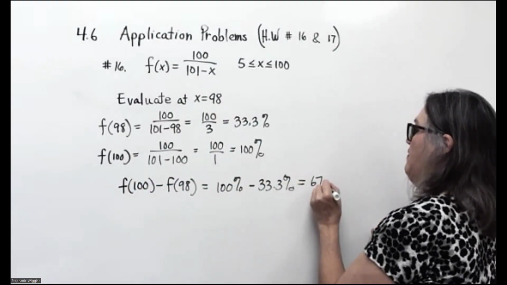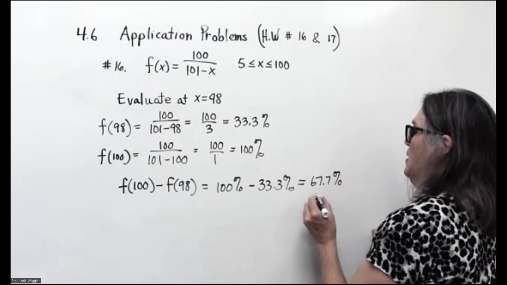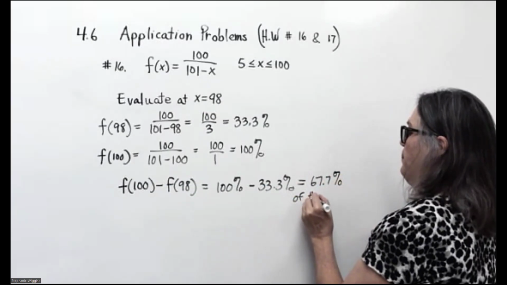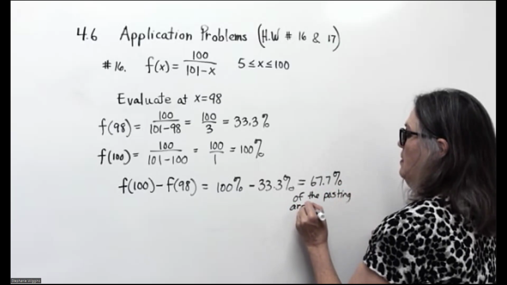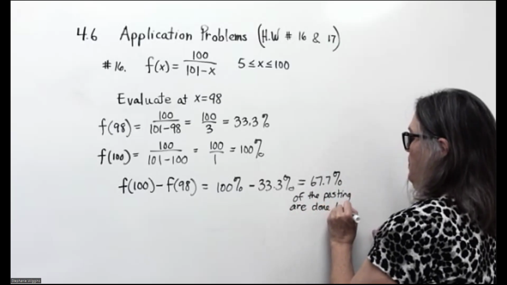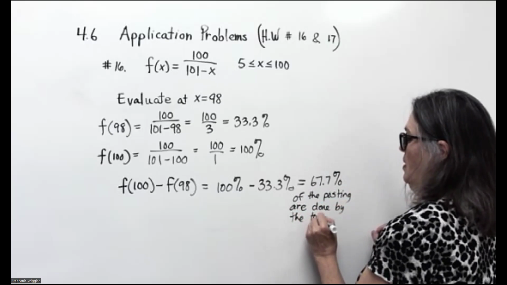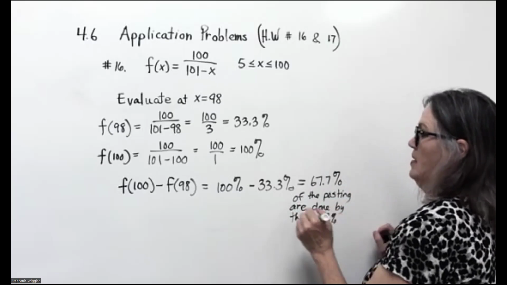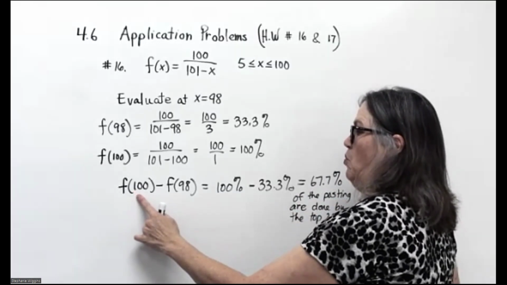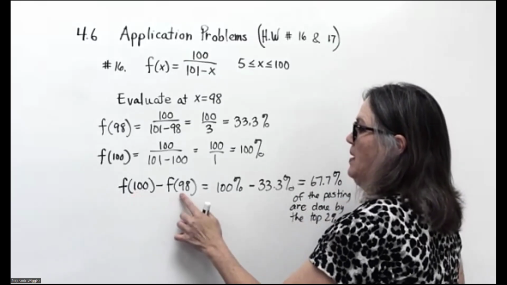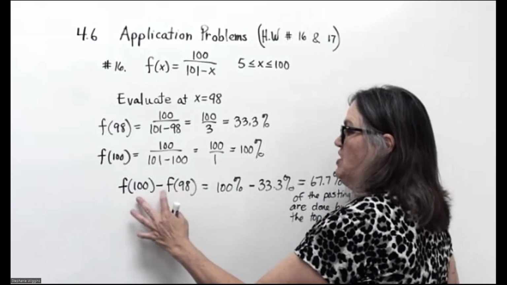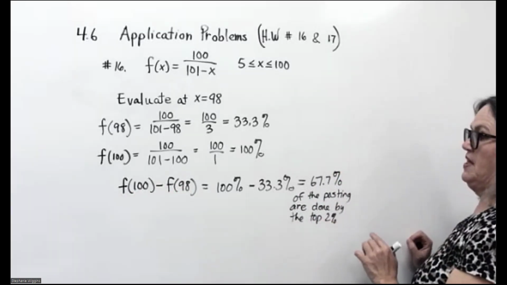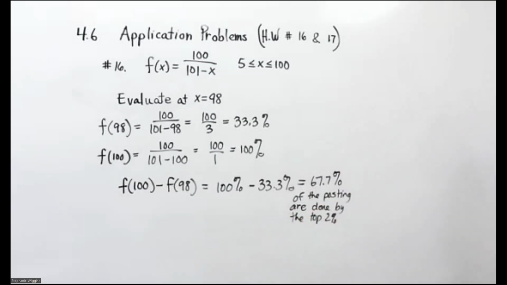So you have 66.7% of the postings done by the top 2%. This is the postings by the bottom 100, and this is the postings by the bottom 98. If you take the difference, you get the top 2%, and that's the interpretation.